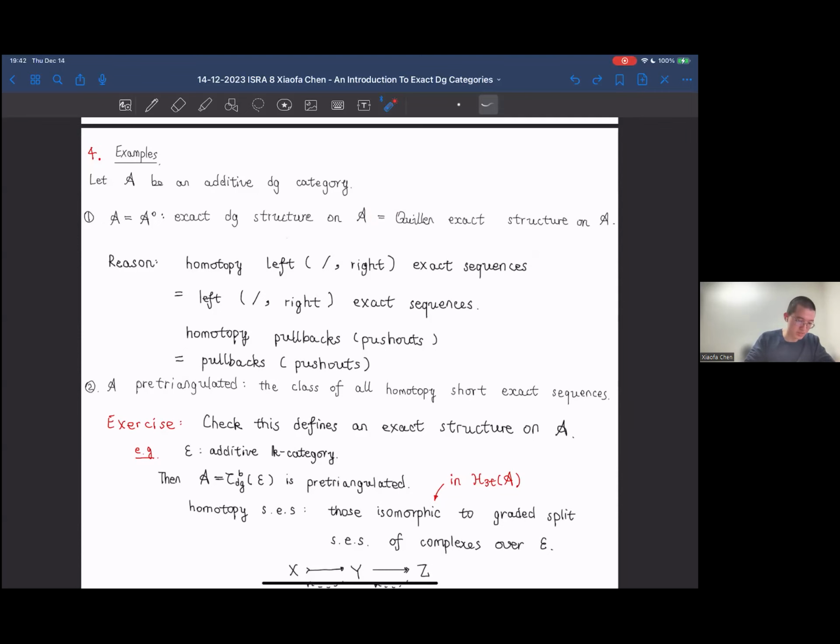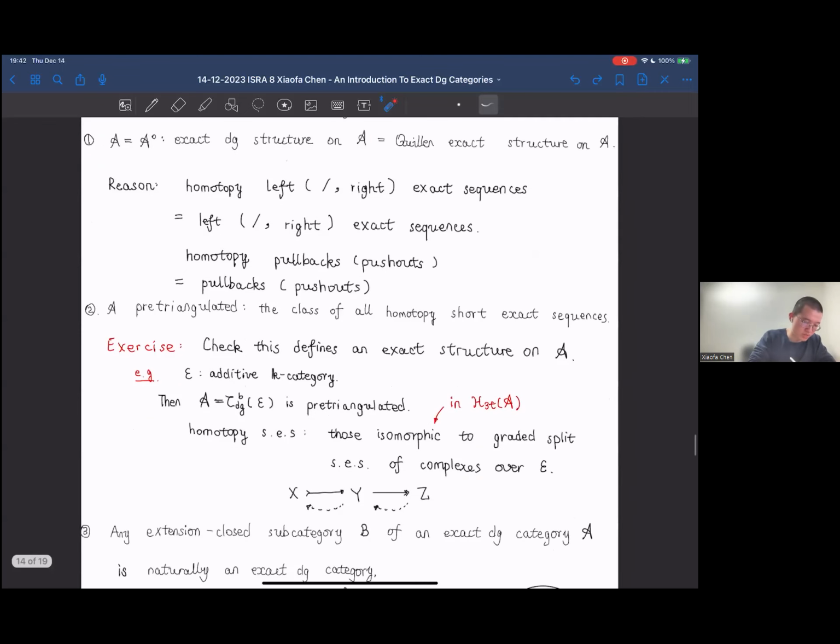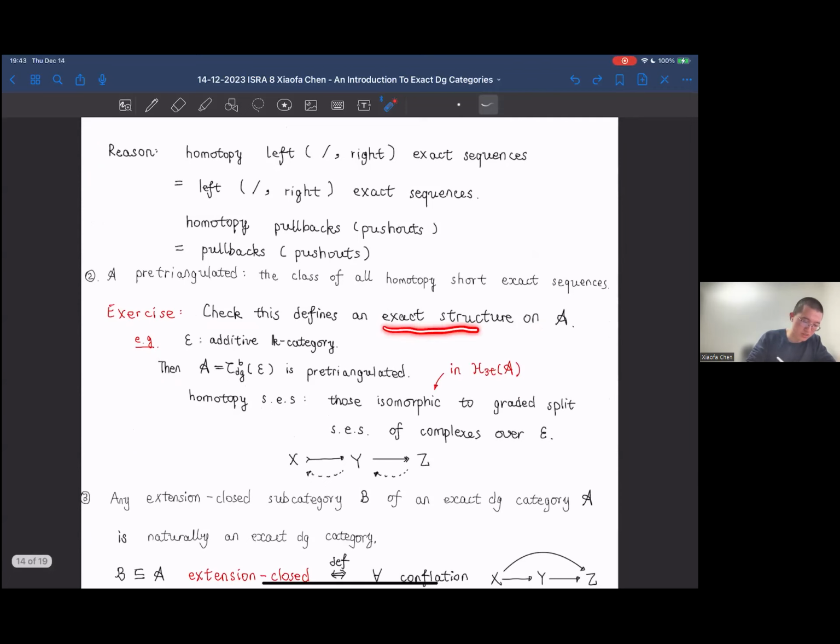The second class is when A is pre-triangulated. Then the class of all homotopy short exact sequences is namely the class of all graded split short exact sequences. This will define an exact structure on A, and it's not hard to check this fact.